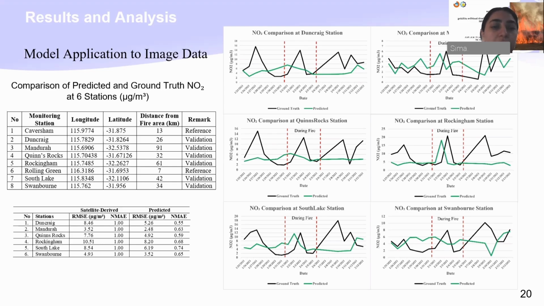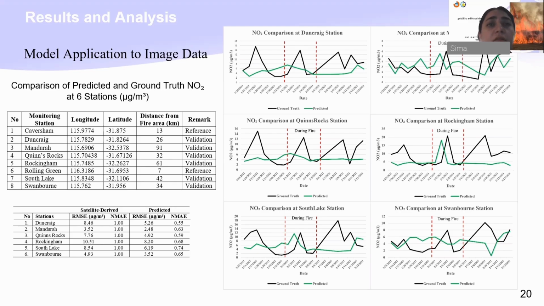As we can see in the second table, the analysis showed improved nitrogen dioxide predictions, with satellite-derived RMSE and NMAE values generally higher across all stations. For instance, Dunkirk's RMSE improved from 8.46 microgram per cubic meter, which is satellite-derived, to 5.26 microgram per cubic meter, which is derived from the model.